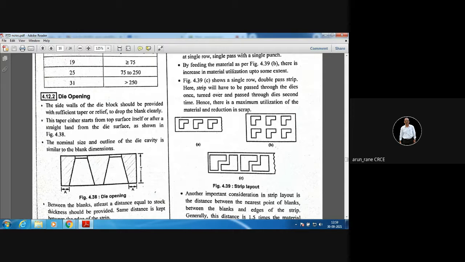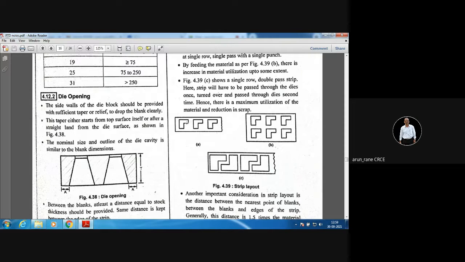Pitch will be 50 mm. Now the length is 2000, so 2000 divided by 50 will be how much? 40 pieces, correct? 40 components. Am I right? Yes, sir.